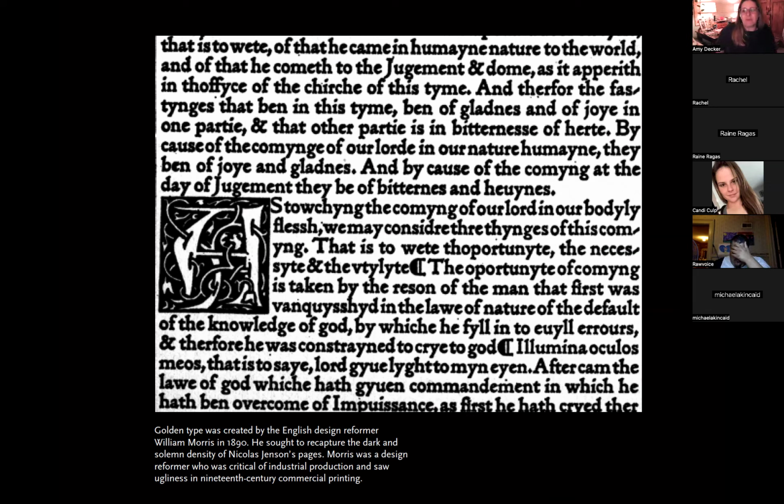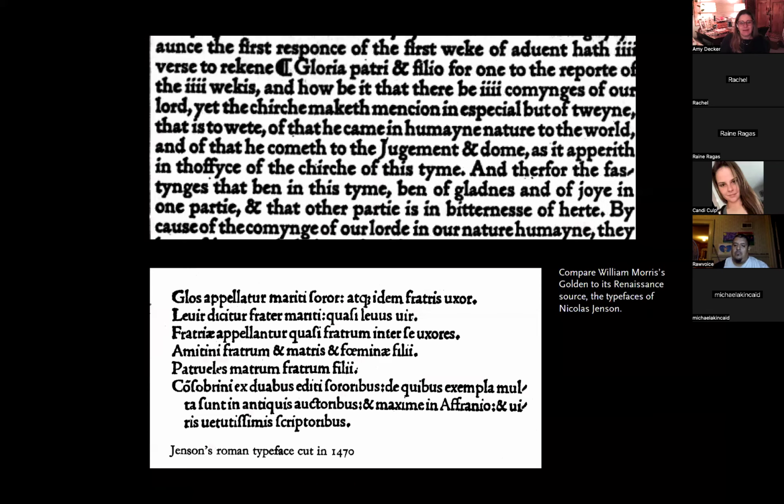He was definitely what we would call a Renaissance man. He did it all. He was involved in all the arts. And he was really critical of the Industrial Revolution. He did not want everything mass produced. He saw ugliness in 19th century commercial printing. He was not a fan.